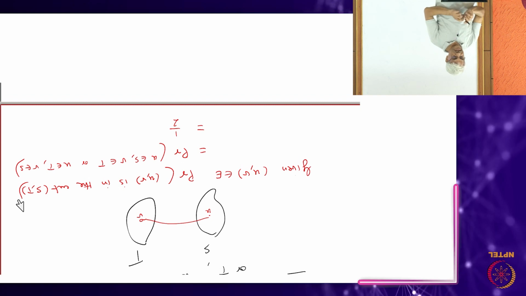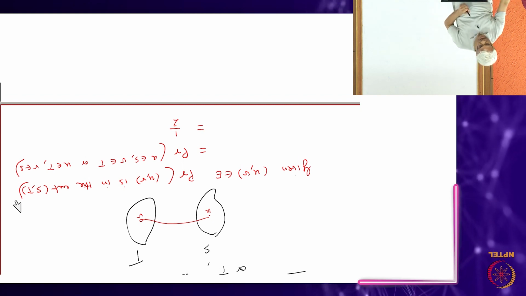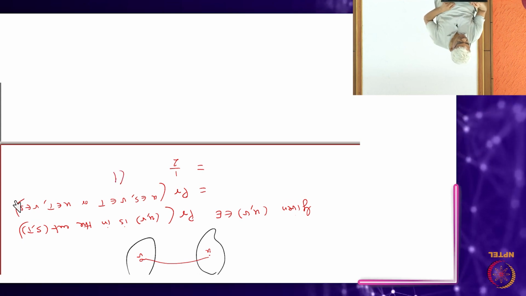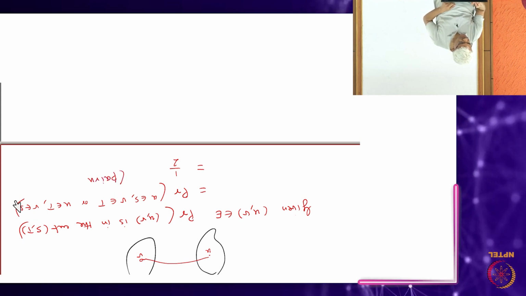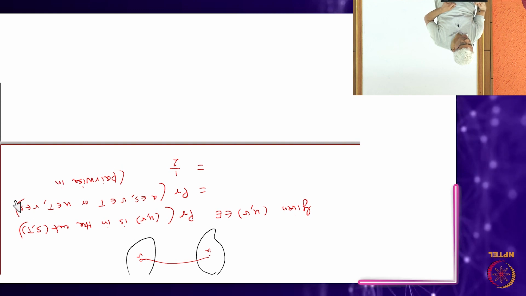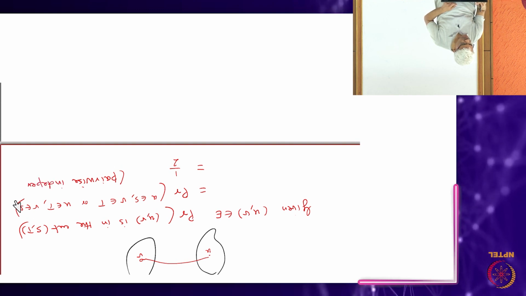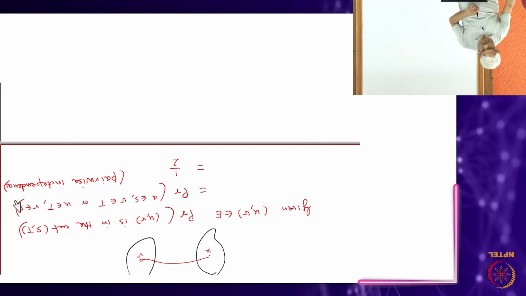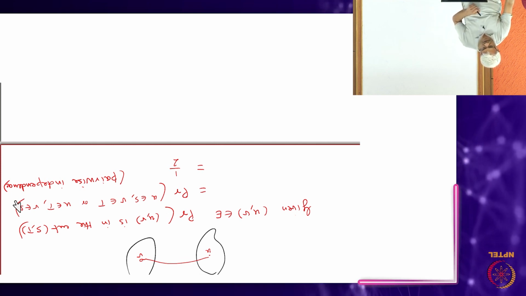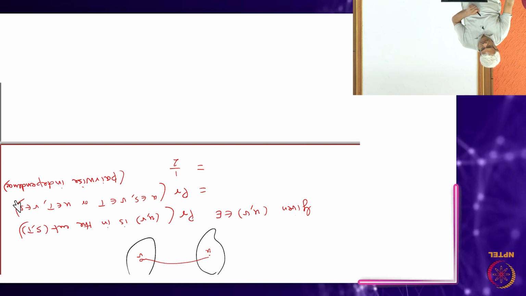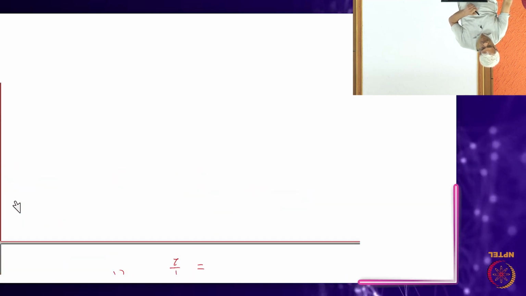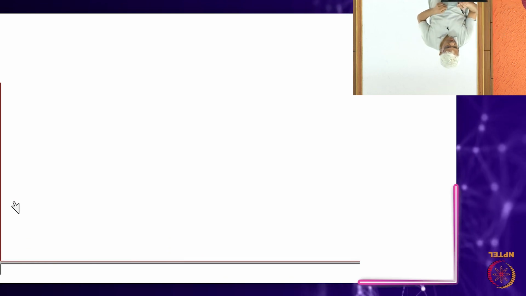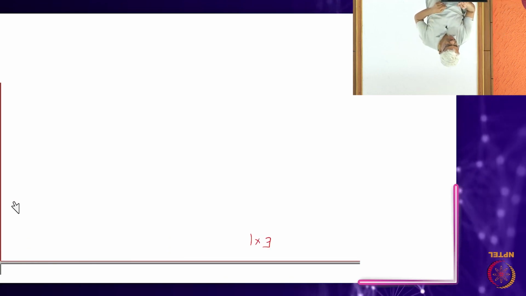Okay. The key thing to note is that I am using pairwise independence. Okay, I should have talked about this in the hash family thing. I'll come back to it later again. Okay. So, now the expected number of edges in the cut.